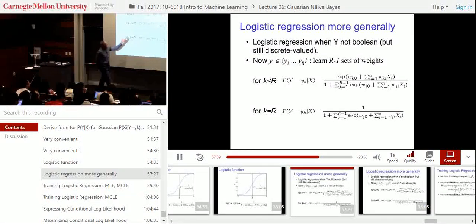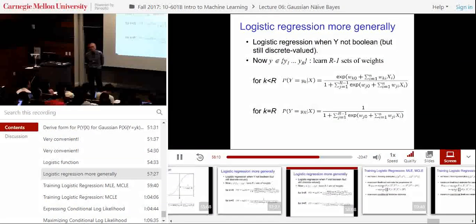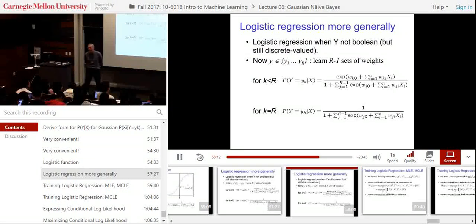But for example, suppose y could be 3-valued. Back to my brain imaging experiment, y might be, are you thinking about tools or buildings or lunch? So there could be three values for y.